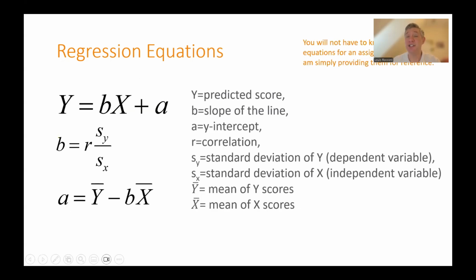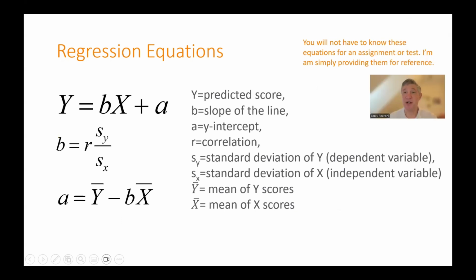You won't have to compute the regression line yourself. I'll show you how you can get it out of SPSS. But if you're just interested in how you would calculate the terms, you can see that the slope coefficient is related to the correlation times the standard deviation of x and y.